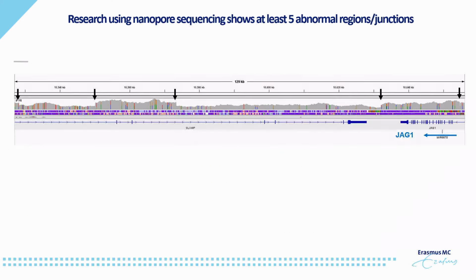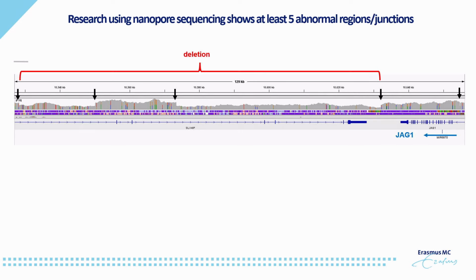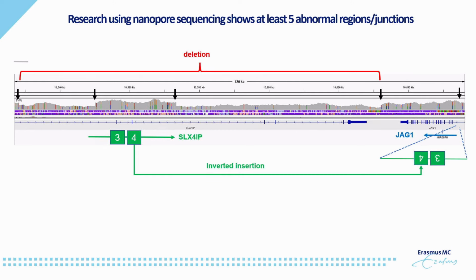And then we went to Nanopore, and this is actually what I think really nicely shows you what's going on. This is the Nanopore data, and what you can see here is the gene next to JAG1, and JAG1. And what you see is that there's a big deletion. This part here is deleted, so we already knew that. But there's also a part of the gene next to it that's actually inserted in an inverted way within the JAG1 gene.